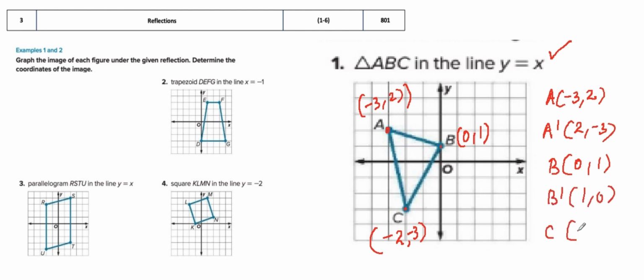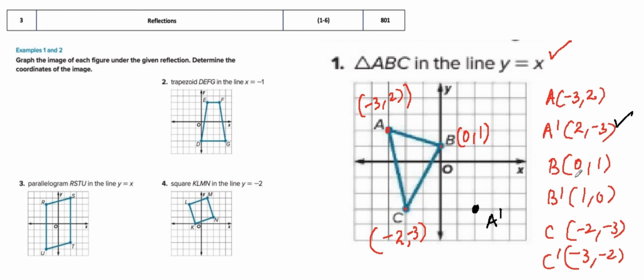Similarly, C is minus 2, 3, swap the numbers, C dash will be minus 3 and minus 2. So you can show these points on the graph, and that will be the reflection of this. So A dash is 2, minus 3, so this is my A dash.